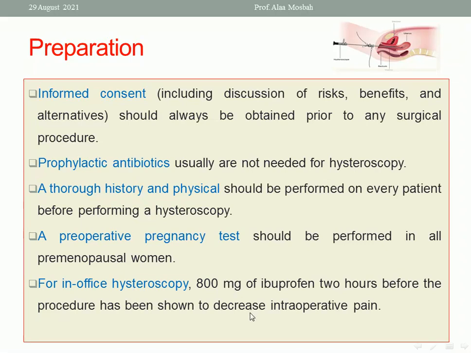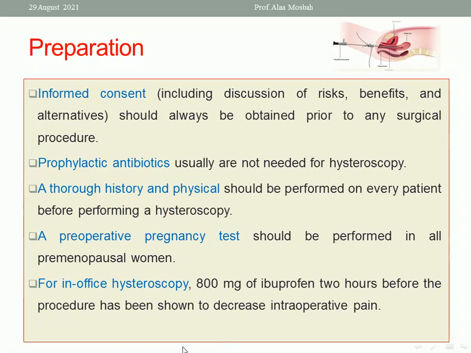Of course, you should take a complete history from the patient and do a physical examination, general abdominal and local pelvic examination, and you should do a pre-operative pregnancy test to be sure that the patient is not pregnant, so long as the patient is of childbearing age.